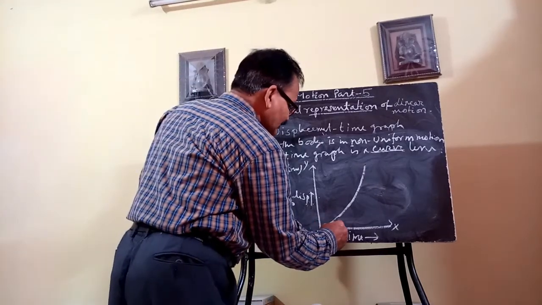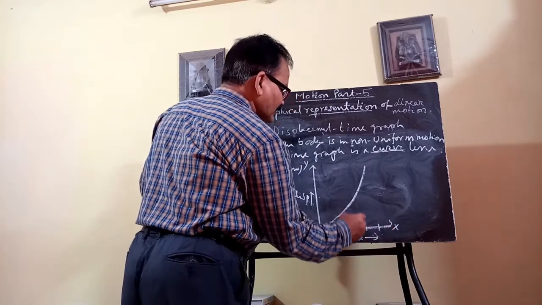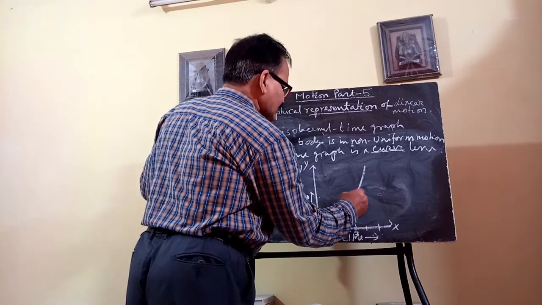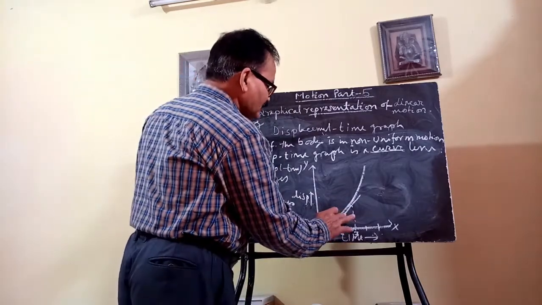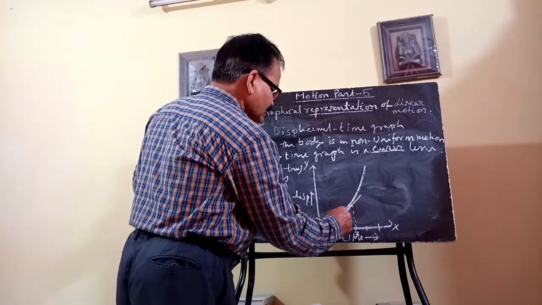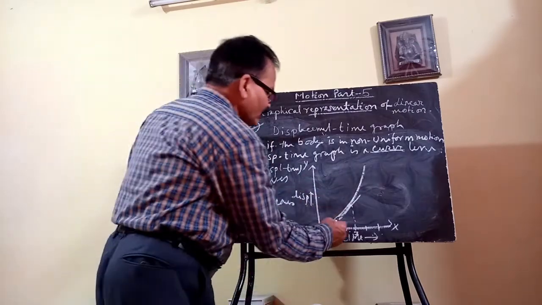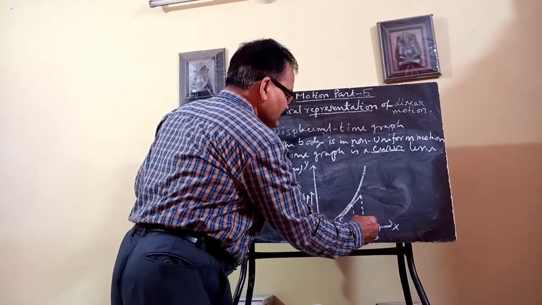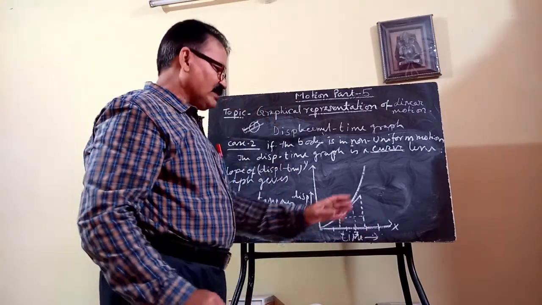Suppose this is your 1 second, 2 second, 3 second, 4 second, 5 second. So if you want to find out the velocity at 3 seconds, then from 3 seconds you just draw a tangent. After drawing this tangent, from the ends of the tangent you draw vertical lines, followed by the difference of your horizontal line.